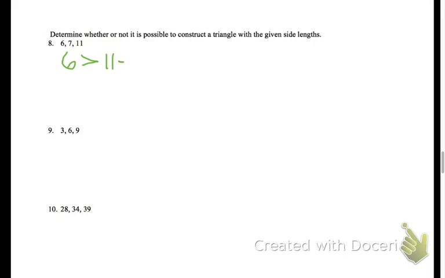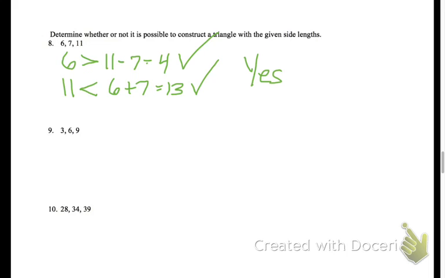So the 11 minus the 7, which is 4. 6 is certainly greater than 4. Fantastic. Okay, and we need the longest side, 11, to be less than the sum of the two smaller sides, 6 plus 7, which is 13, and 11 is certainly less than 13. So this could be a triangle. Yes, it is possible for this example number 8.